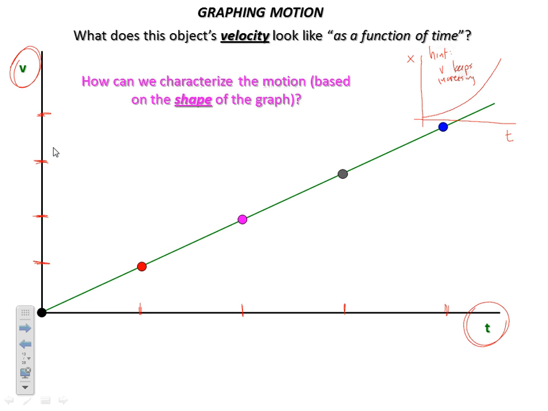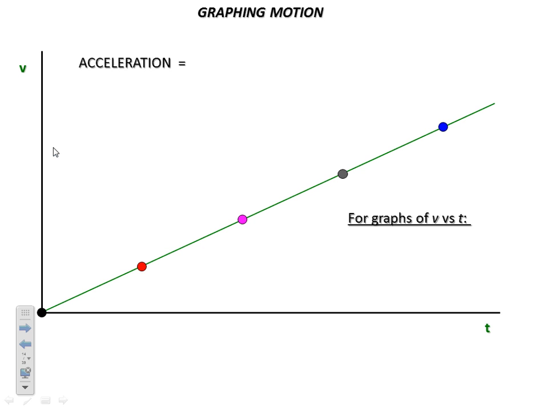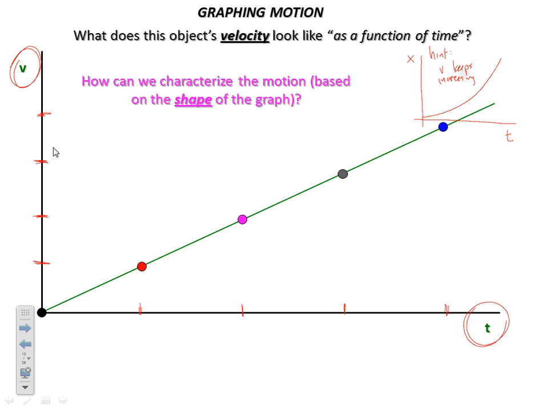This tells us really that I would say the velocity changes at a constant rate. So for every interval of time delta t, notice we have an equal change in velocity delta v, right?